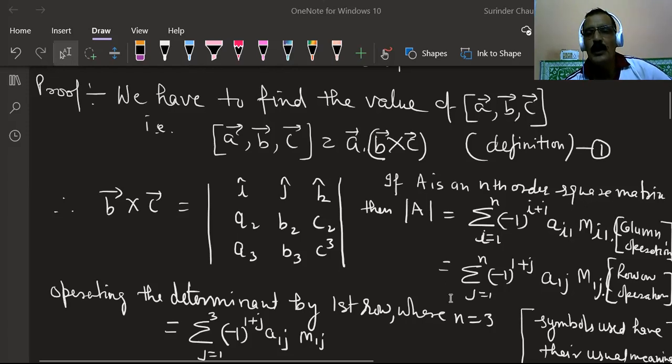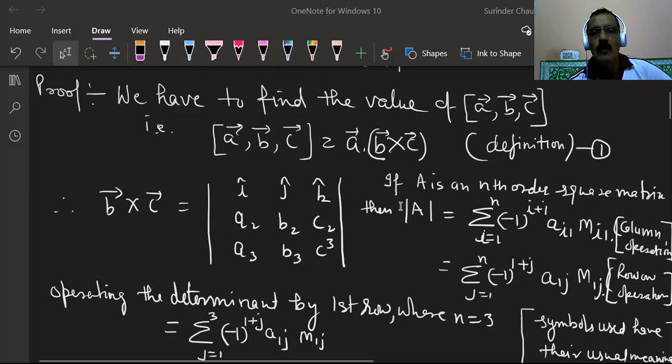Similarly, if we operate by first row, then the value of the determinant of this nth order square matrix will be summation j equals 1 to n of minus 1 power 1 plus j, A1j M1j. Now let me operate this determinant by first row.